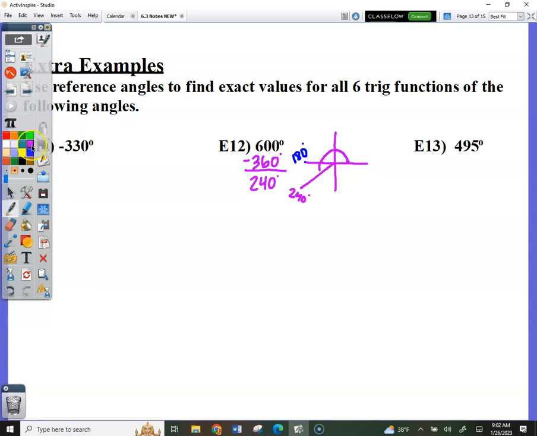So there's your reference angle. Kind of hard for me to, I'll just draw it right there. If you go to find your reference angle and you don't get 30, 45, or 60, something's wrong. Because that's the whole purpose, is to have that chart.